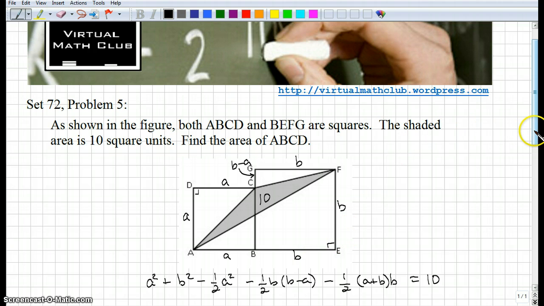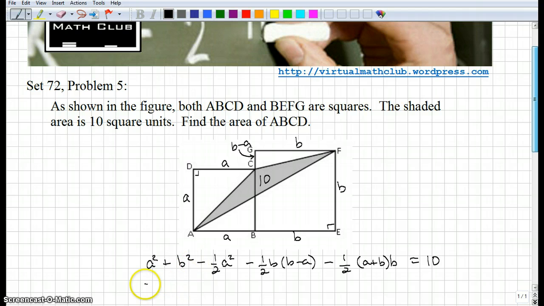So, let's simplify this a bit. I'm going to scroll down again. A squared plus B squared. Here I'm just going to leave this 1/2 A squared. This one I'm going to multiply through. It's actually negative 1/2 B, and I'm going to distribute it inside the parentheses. So we'd have negative 1/2 B squared, and then a negative times a negative is a positive, so plus 1/2 AB.